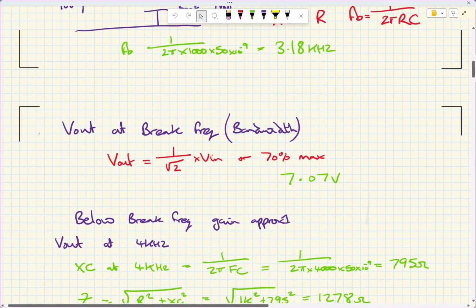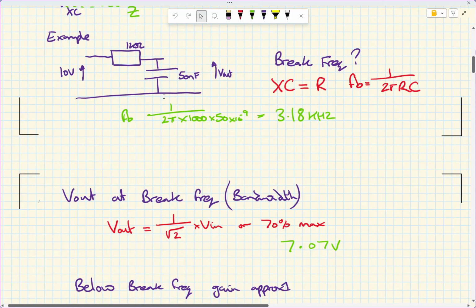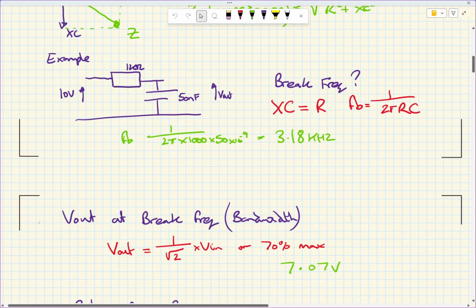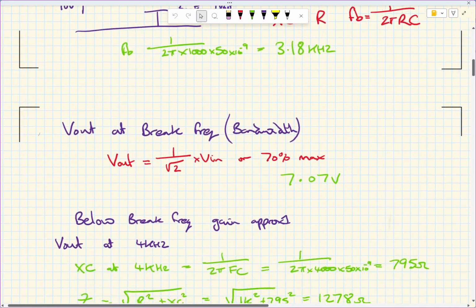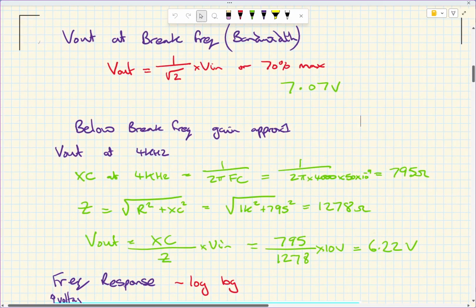As this is a treble cut circuit with V out across the capacitor, we're going to use the reactance of the capacitor to start with, divided by what would normally be, in a potential divider question, R1 plus R2. Well, our R1 plus R2 is the impedance, and then multiplied by 10 volts. So above that break frequency, our output is dropping off now, as we would expect it to do.